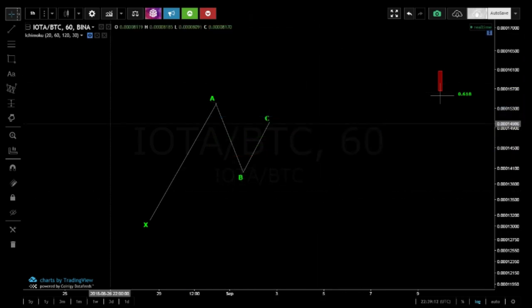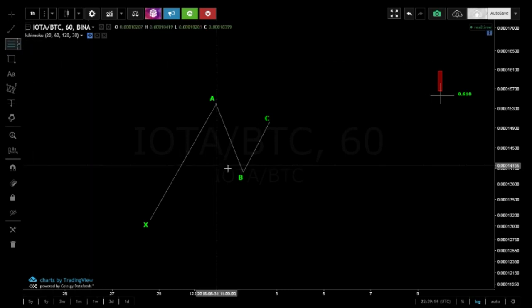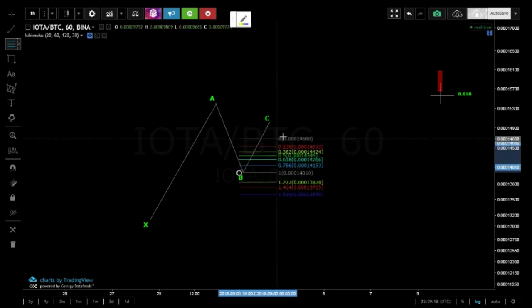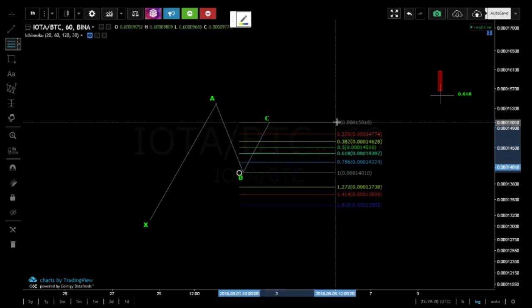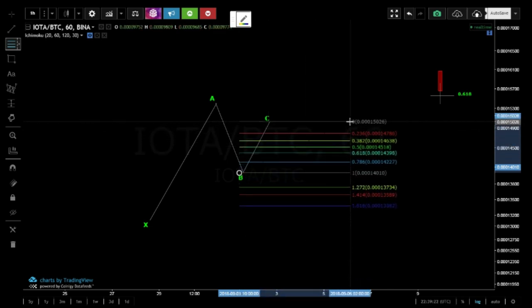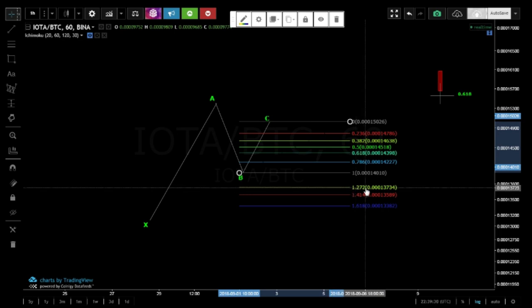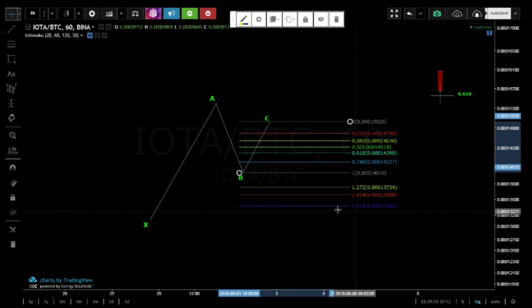So after we get our C leg, the next step is to get the final leg, which is the D leg. Now the D leg will come in from B leg up to the C leg. At this point, we are going to use the extension ratios, which are 1.272 down to the 1.618.